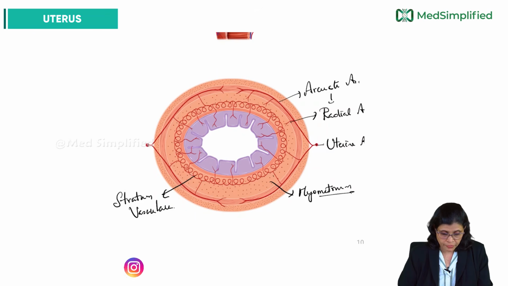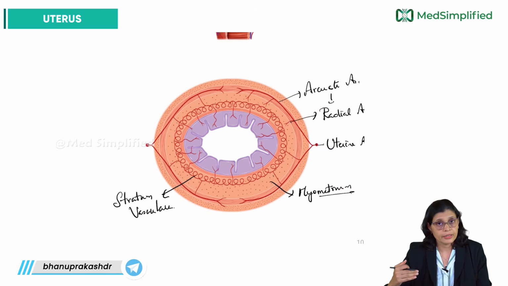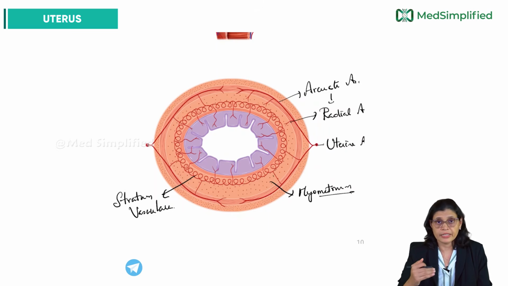Now from the stratum vasculare, we will have two sets of branches beginning. Here, if you see, there are the three layers of the uterus: the outer perimetrium, the myometrium and the inner endometrium.